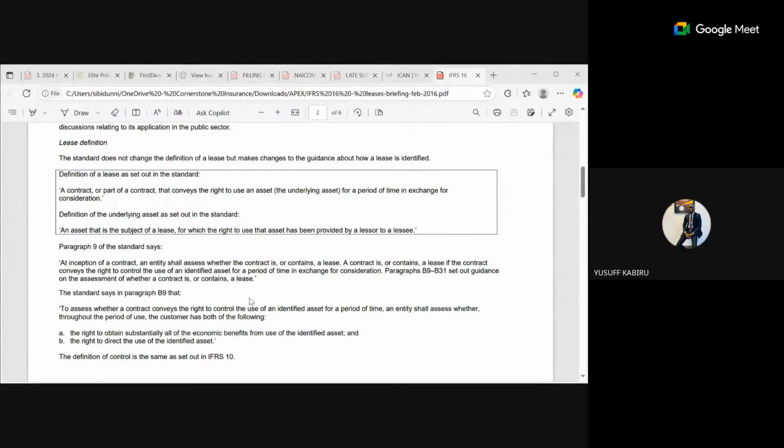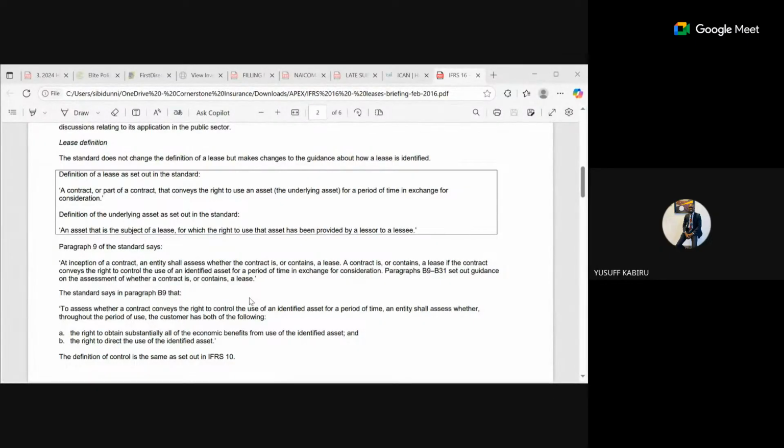So lease was formerly IAS 18, and they replaced it with IFRS 16, majorly because there are two types of leases. We have the finance lease. What does that mean? The finance lease is likely to lead to acquisition of that asset, while the operating lease ends within a year. That's just a simple summary.